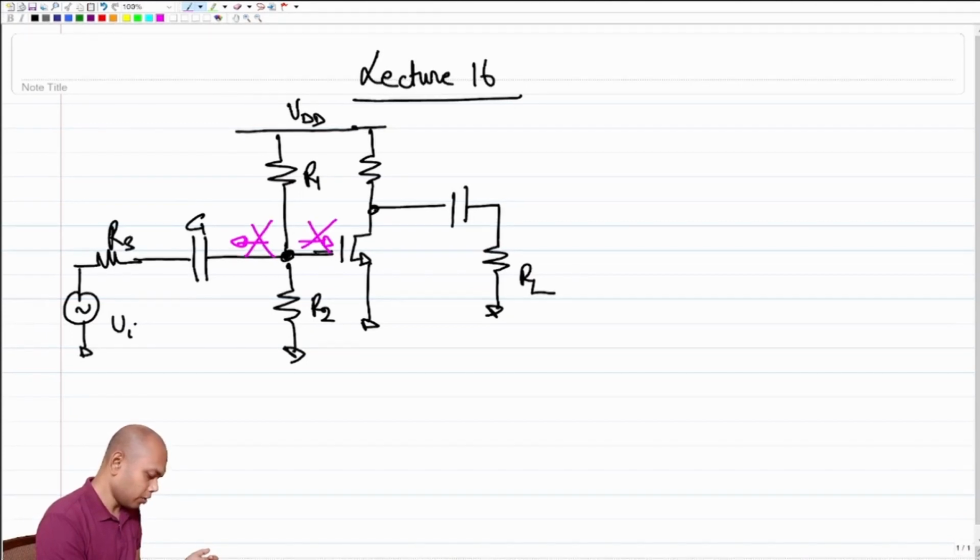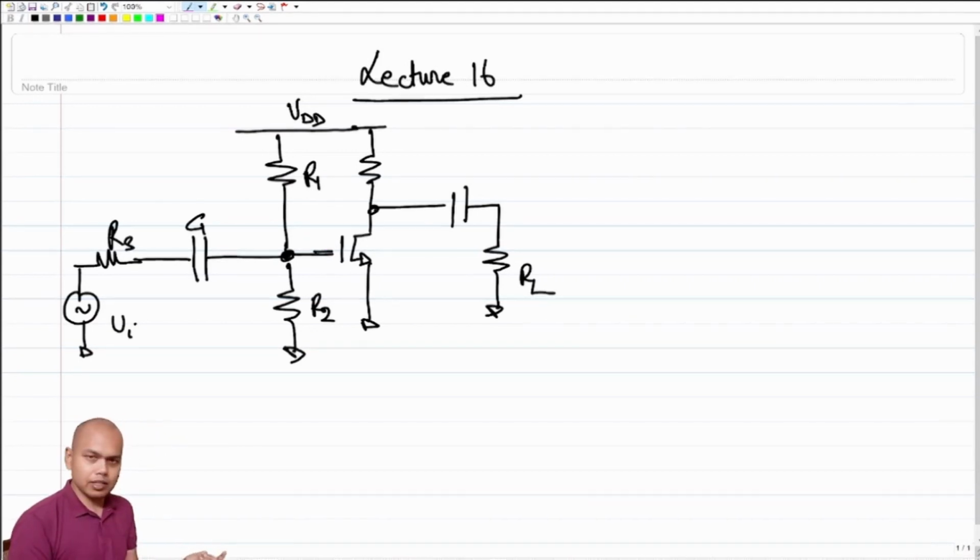There is absolutely no DC current, because on one side I see a capacitor which is open at DC, on the other side I also see the capacitance of the MOSFET which is again open at DC, which means that I don't have to worry about loading, right? So nicely my R1 and R2 network will be able to provide the appropriate bias for the transistor.